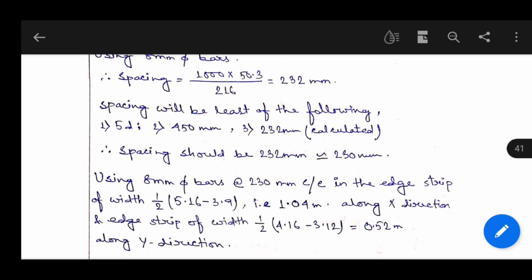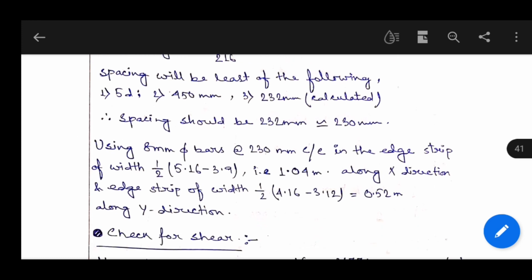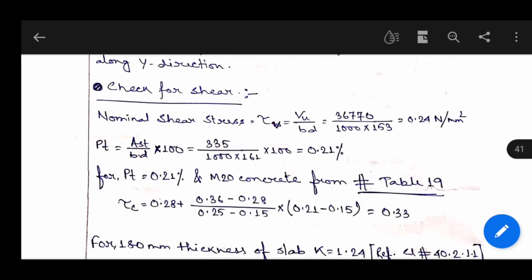In this case we use half because from the full effective span, if we deduct the middle strip, we will get the total length of edge strip from both sides. But for providing reinforcement in design, we have to know one side of the edge strip. That's why we just multiply the half value with this to get one edge strip.